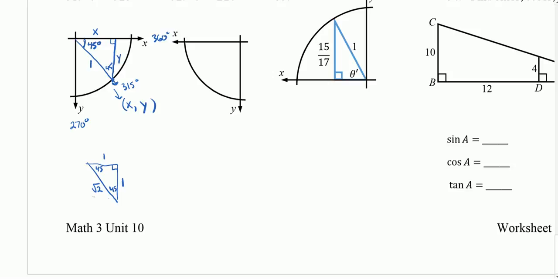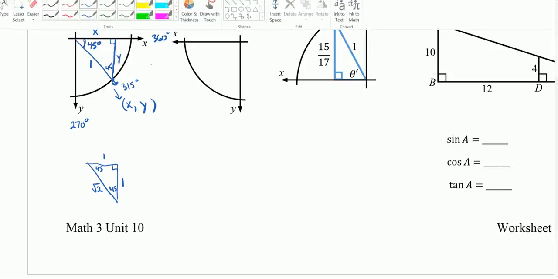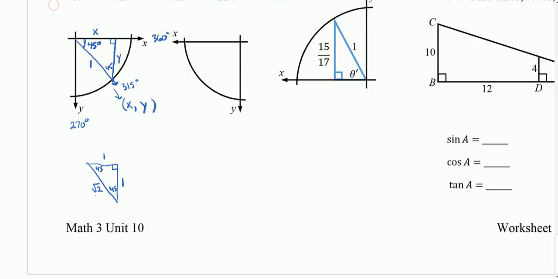If I divide each of these numbers, or multiply each by 1 over root 2, or divide by square root of 2, then I scale that down to a hypotenuse of 1, and each side length is 1 over root 2.